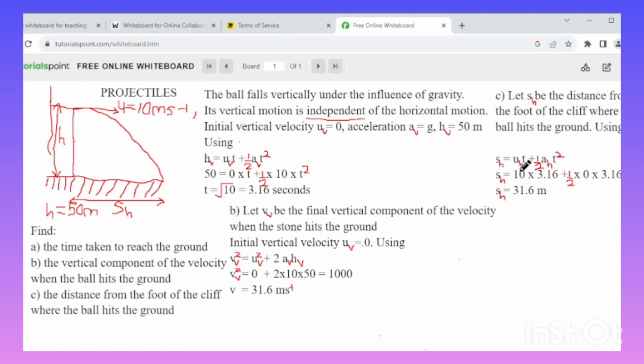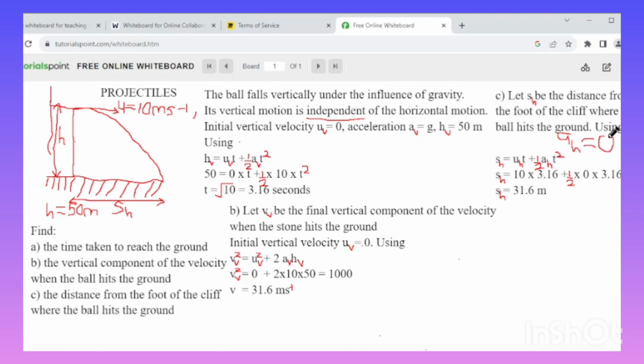Then our t, which we have calculated before, is 3.16 seconds, plus half times our horizontal acceleration. Our horizontal acceleration a subscript h is equal to 0.